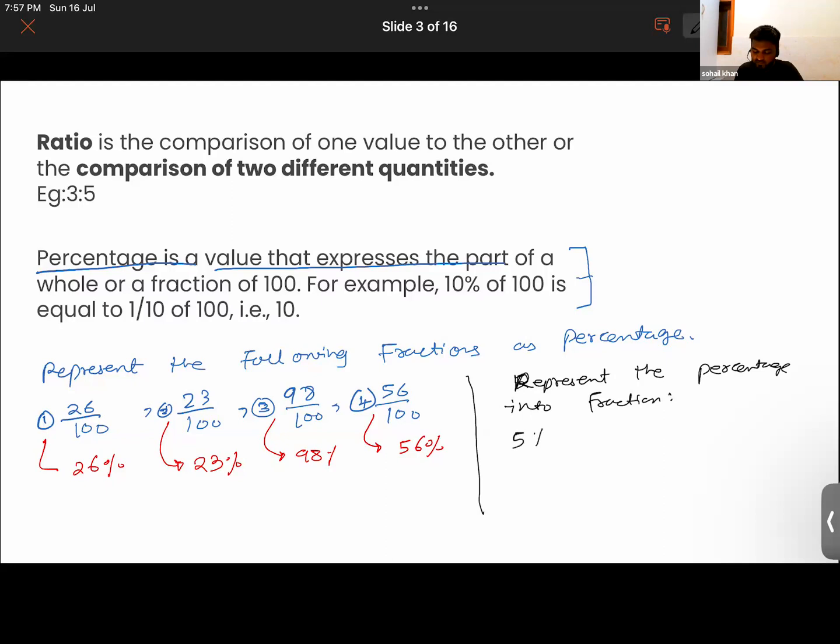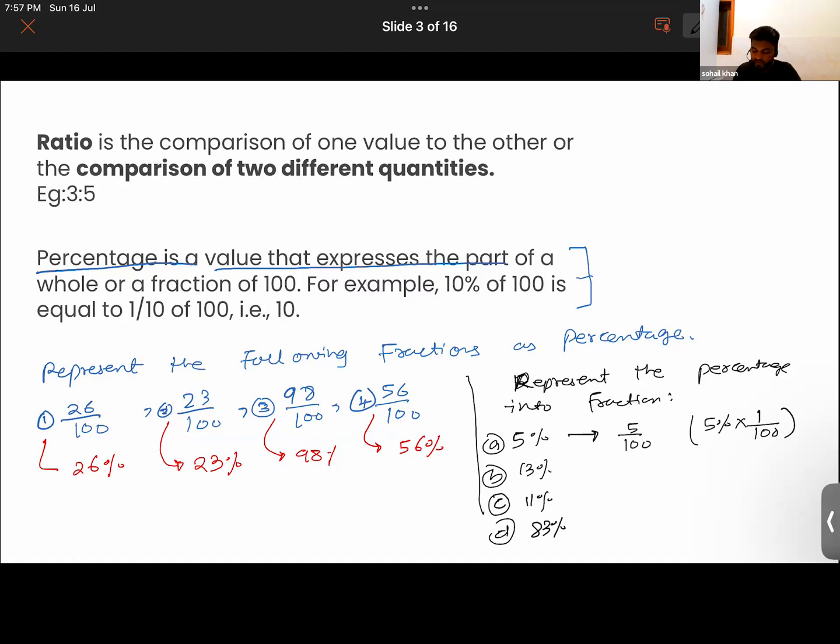So you have 5%, 13%, 11%, and then 83%. Ahmed, do tell me, 5% in fraction will be 5 upon 100. Good. So we are basically multiplying the percentage with 1 upon 100.